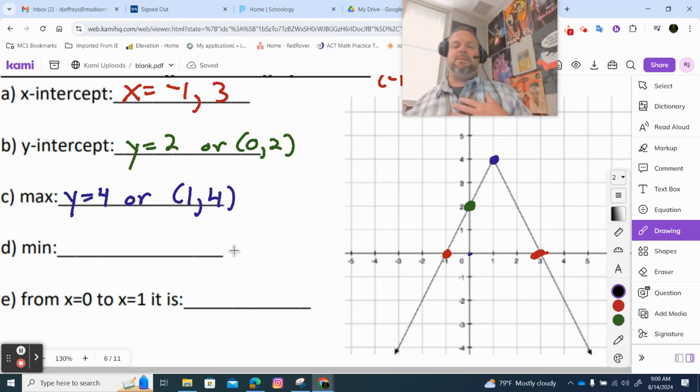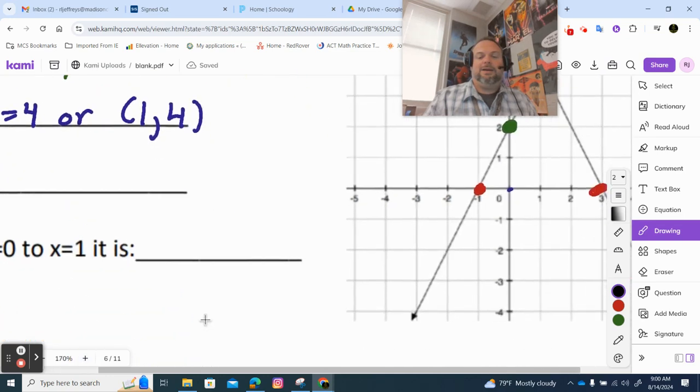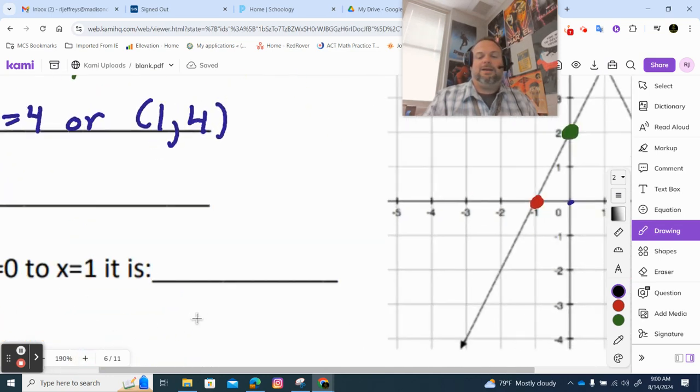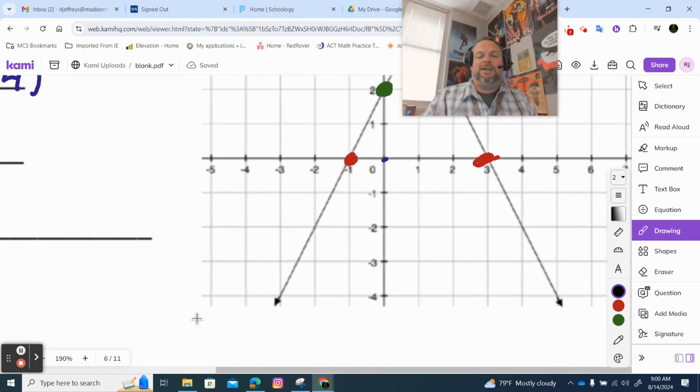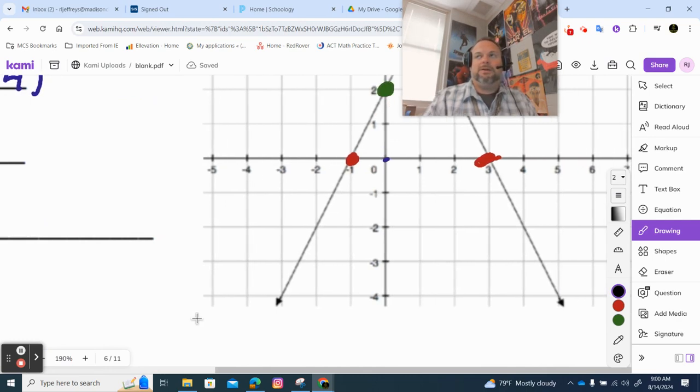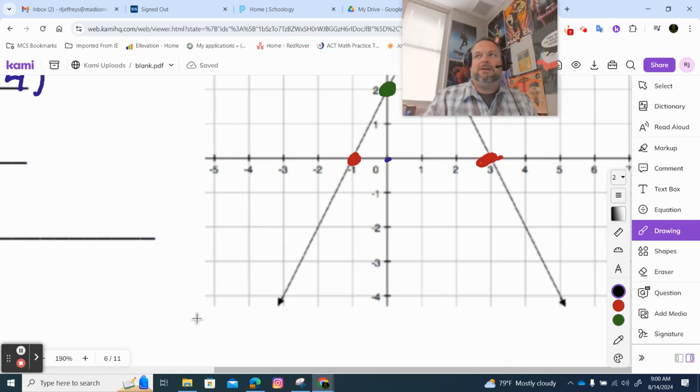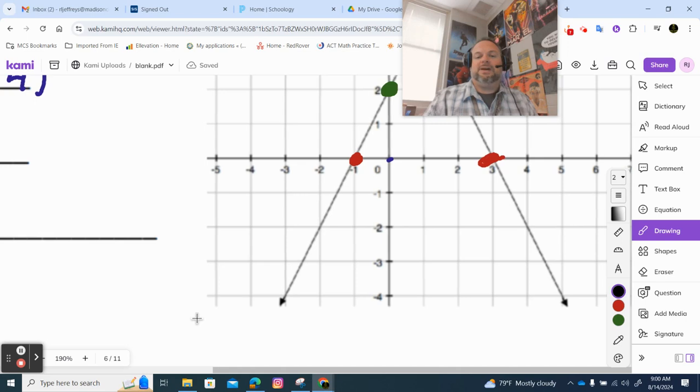All right. Minimum. What is the lowest point? I have a couple of votes for -4. +5, -4. All right. What do we see?